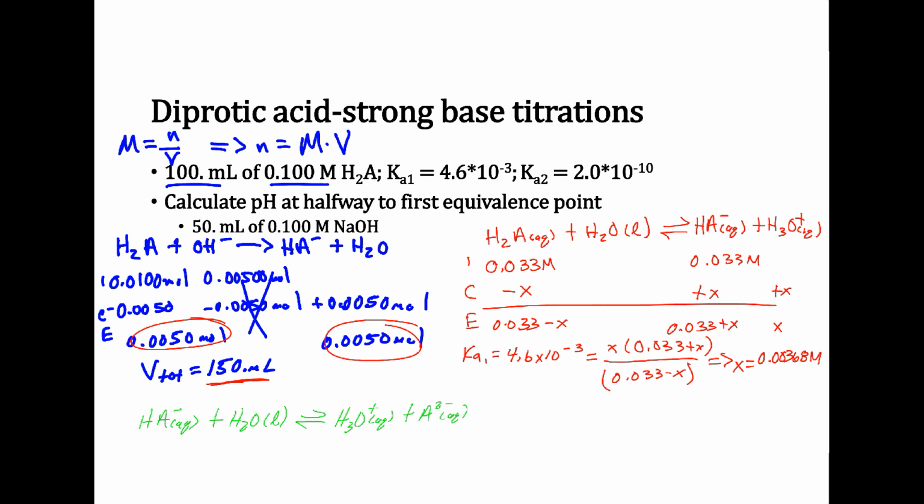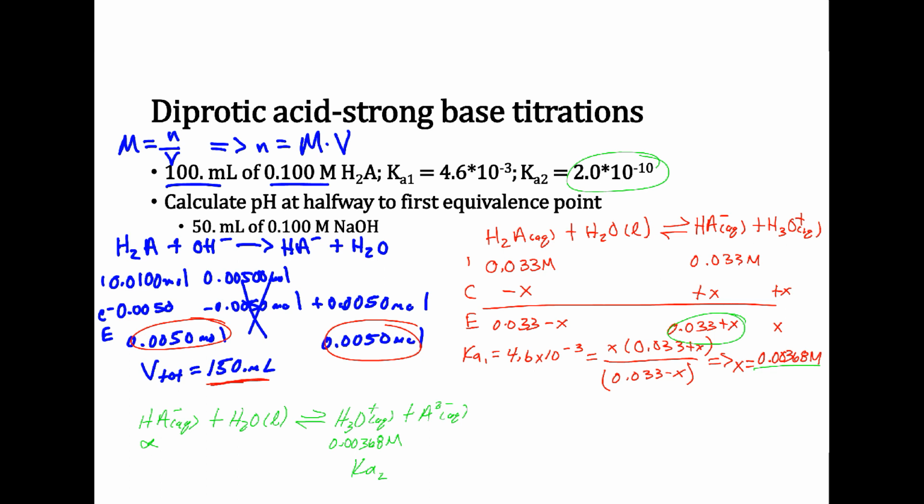We can go through and plug in X as our initial concentration of hydronium, and we could calculate the initial concentration from this to plug in for HA minus. But at the end, whenever we start trying to calculate X for the second reaction with Ka2, since Ka2 is 2 times 10 to the negative 10th, the order of magnitude differs by 7 orders compared to our hydronium concentration. So we can go ahead and justify leaving that out.